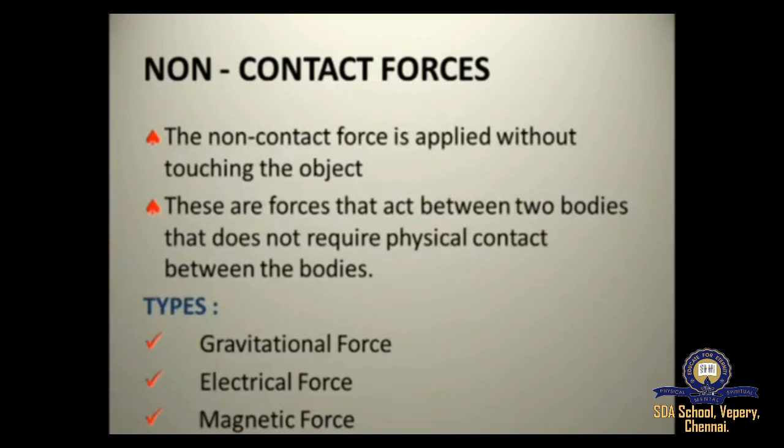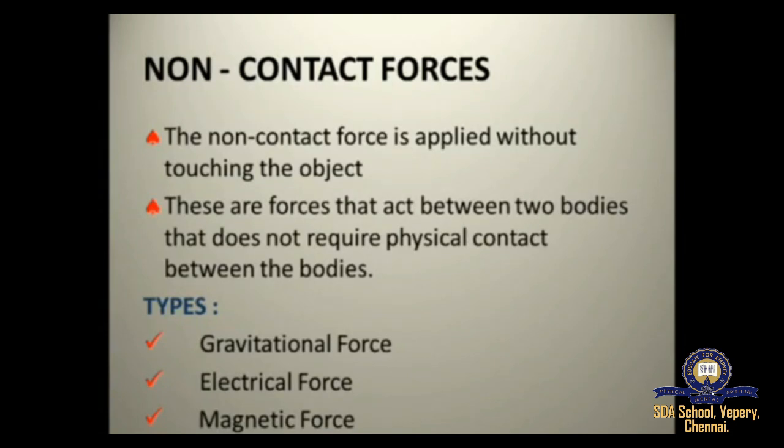After that, we saw what non-contact forces are. Non-contact forces are applied without touching the object. That is, these are forces that act between two objects and do not require physical contact between the bodies. Next we moved on to the types of non-contact forces: the gravitational force, the electrostatic or electrical force, and the magnetic force.